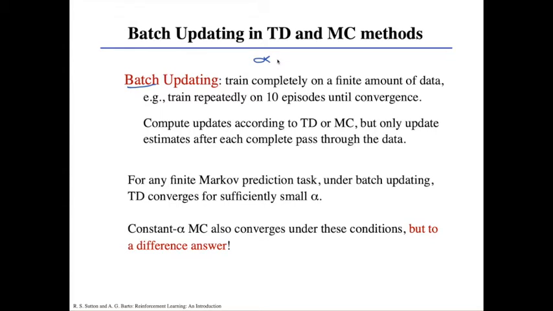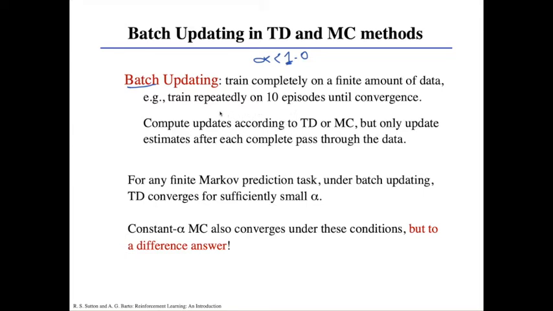Remember, because alpha is less than 1, each time we learn something from a series of states and actions, there's more you could learn, right? You're only moving a step towards improving your value function. So retraining on the same set of experiences moves you again towards it.